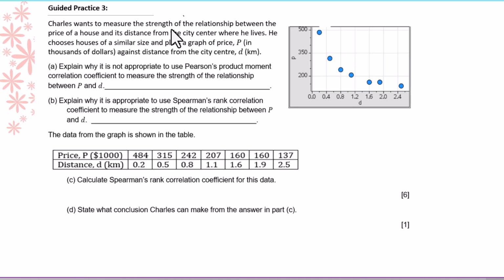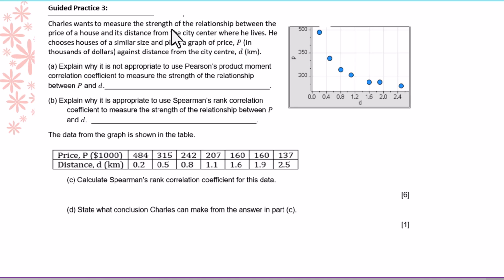Explain why it's not appropriate to use Pearson's product moment correlation coefficient to measure the strength of the relationship between price and distance. Look at this graph.